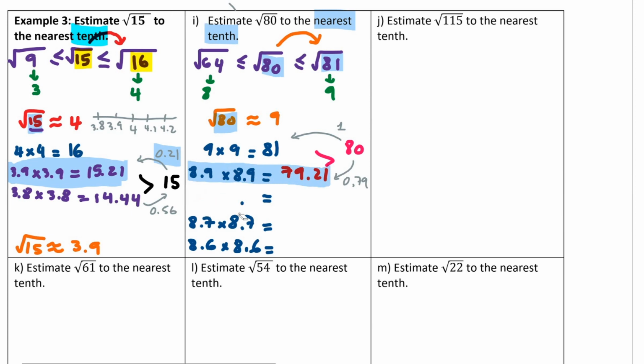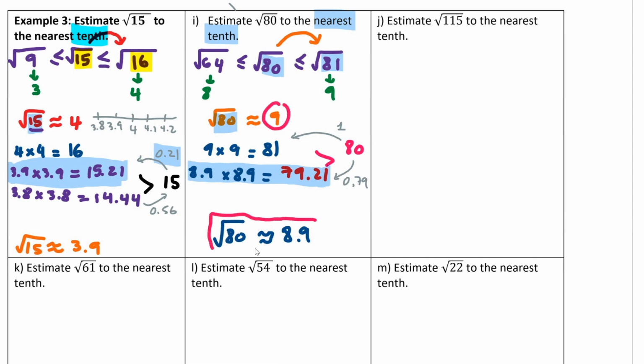So we don't have to do all of this. Yes, so the answer will be the square root of 80, approximately 8.9, instead of the 9 that we set earlier. Now it is 8.9, a little bit less than 9. This will be more accurate.